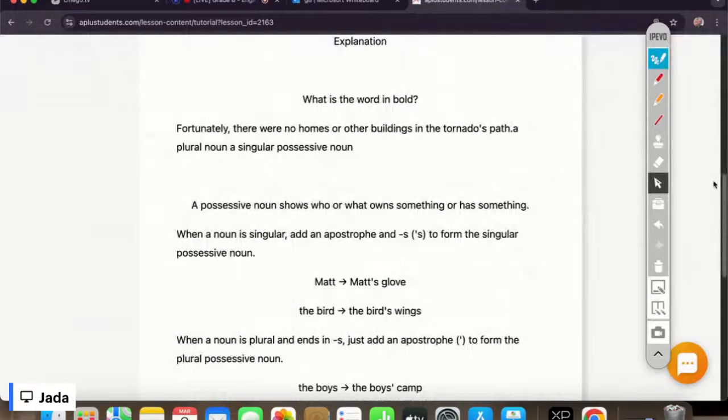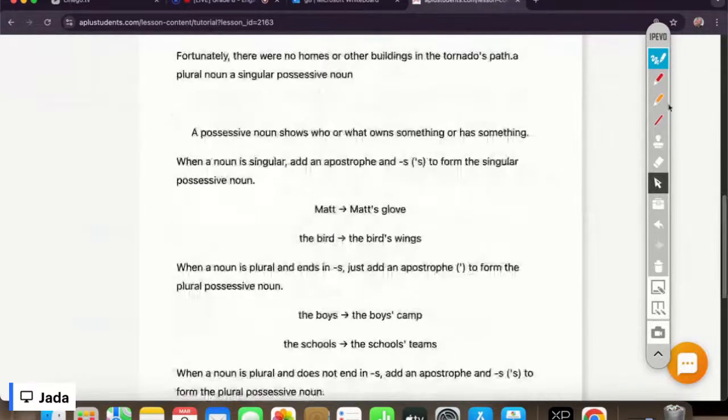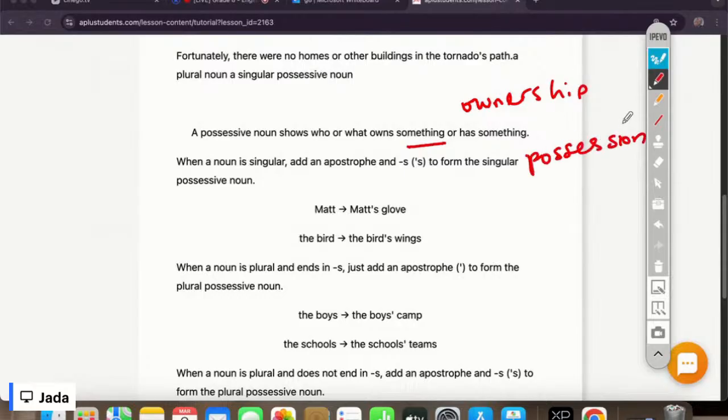Alright, so a possessive noun shows who or what owns something or has something. Basically, it shows us ownership, and then also it shows possession. Okay, so ownership and possession. When a noun is singular, you have to add an apostrophe and s to form the singular possessive noun.